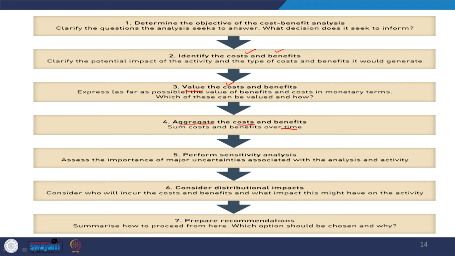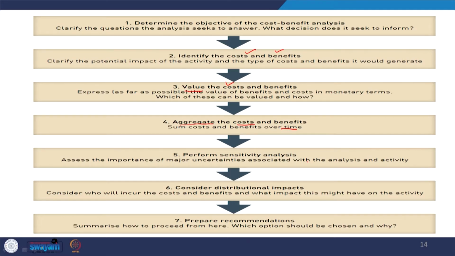And in case of some uncertainty and risk, if you find that a variable seems to be very uncertain, which is a very sensitive factor, such that if it changes then the whole decision will change, we need to find out those sensitive factors by doing this exercise of sensitivity analysis. In that way you can find out which is the most volatile factor that may impact our possible decision.